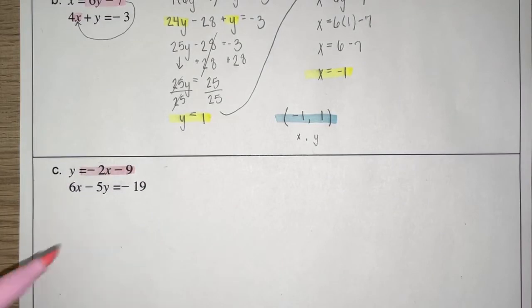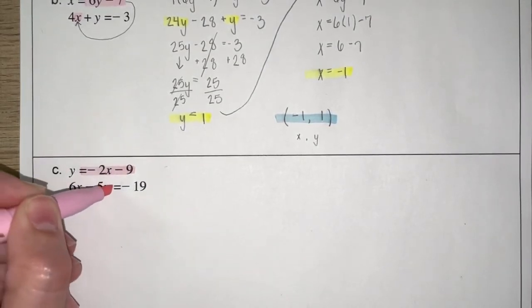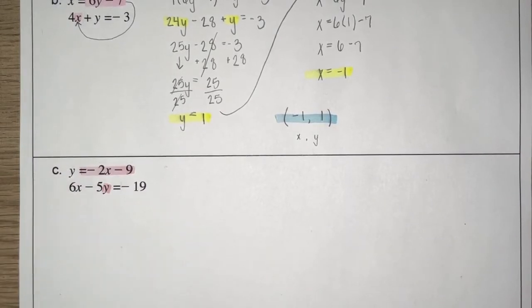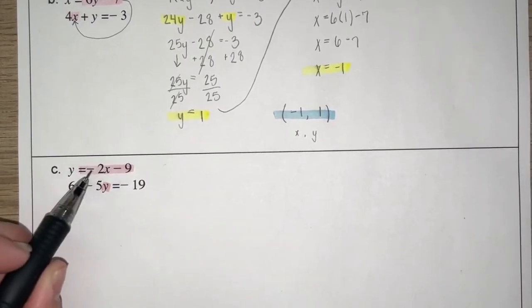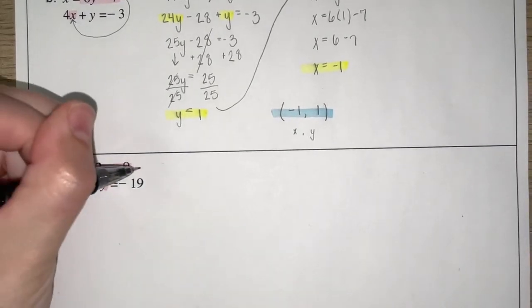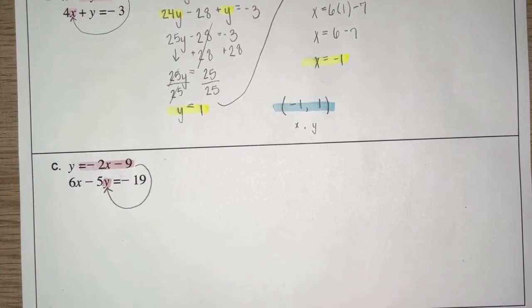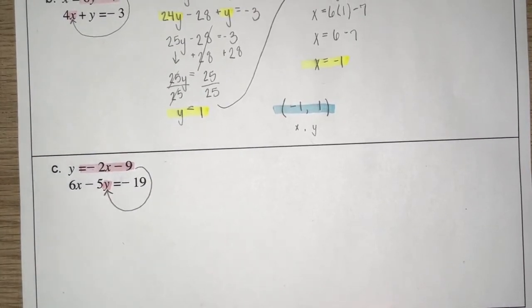then I can substitute that negative 2x minus 9 into the other equation where y is, because I'm saying that y is equal to this, so this can replace y in the other equation. So negative 2x minus 9 is going to replace y, and I need to make sure it goes in parentheses so I can distribute.